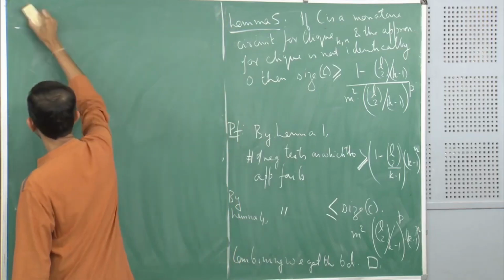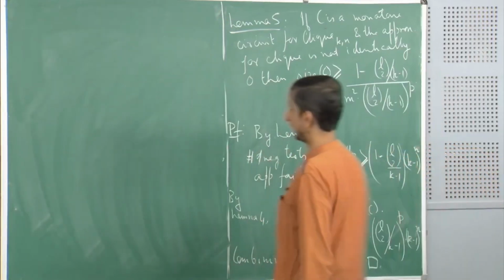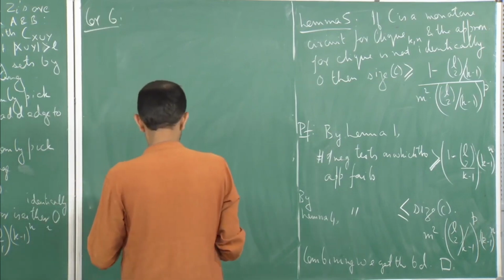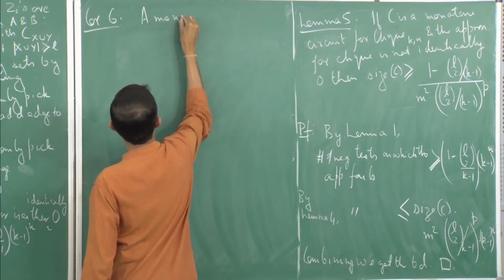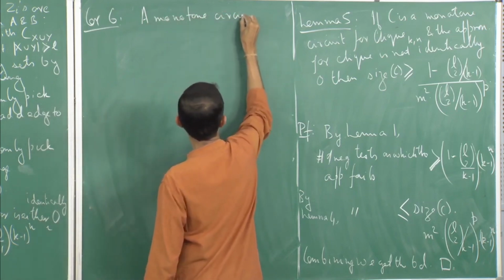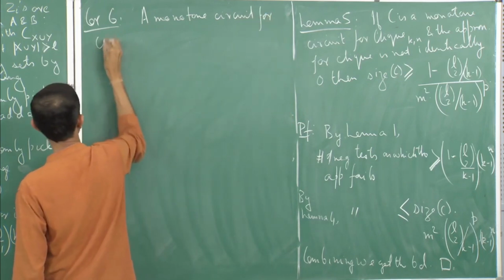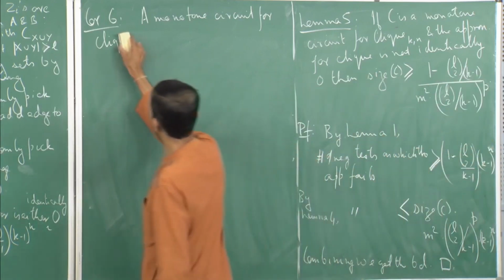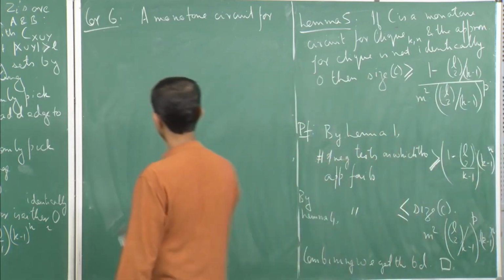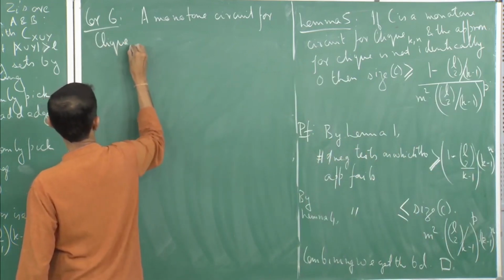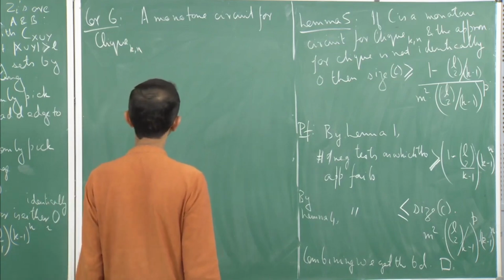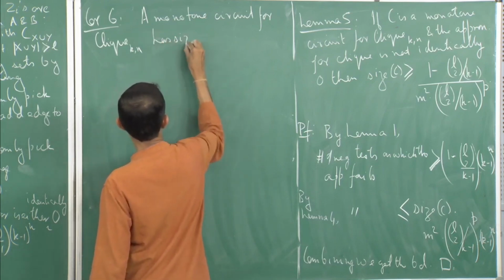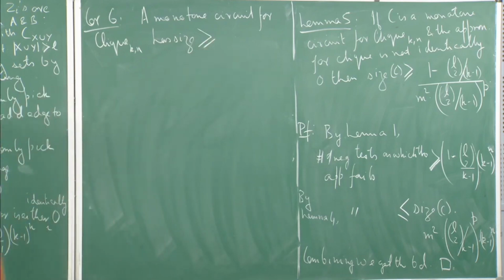As a corollary of lemma 3 and lemma 5, let me call it corollary 6, a monotone circuit for the function clique Kn has size greater than or equal to what?